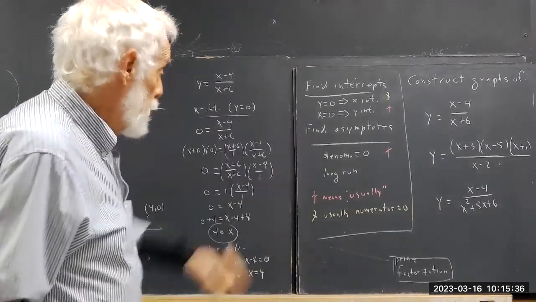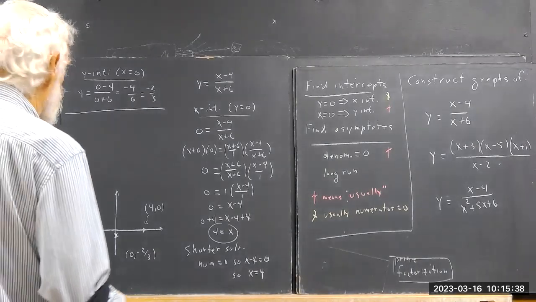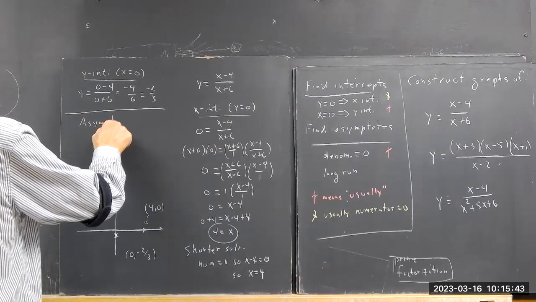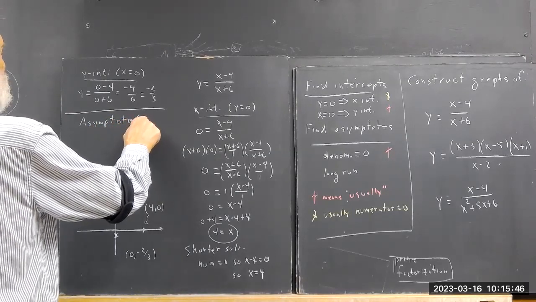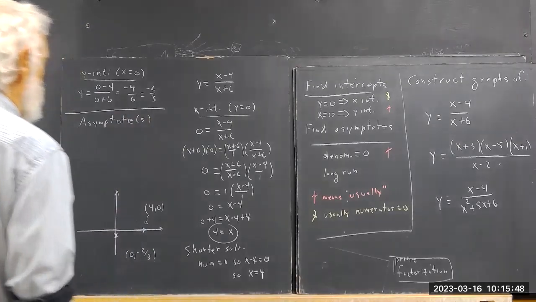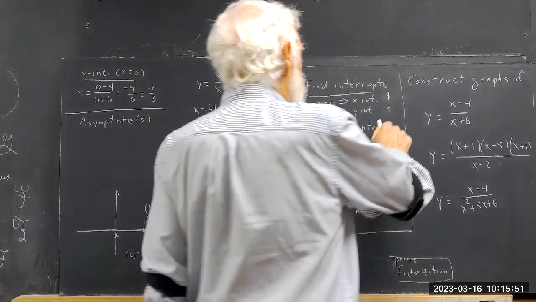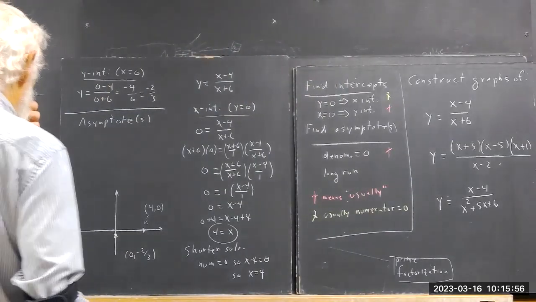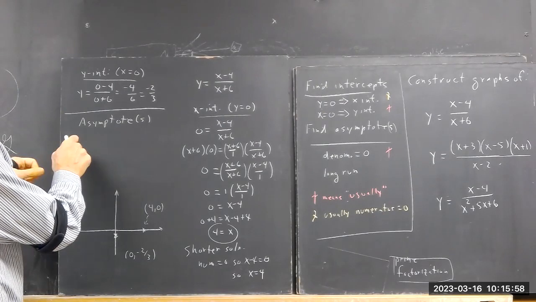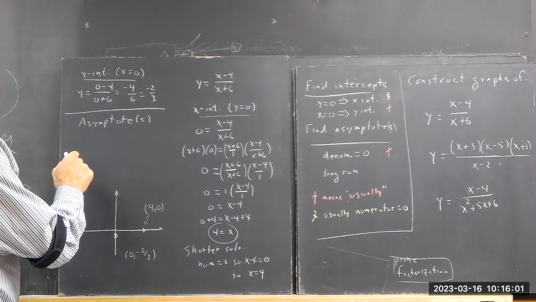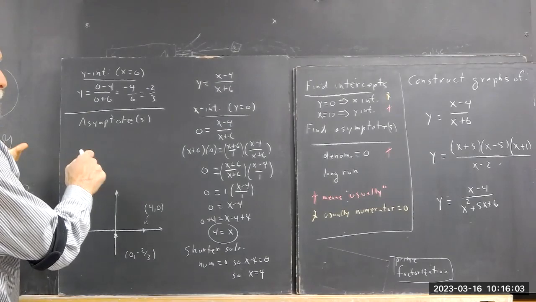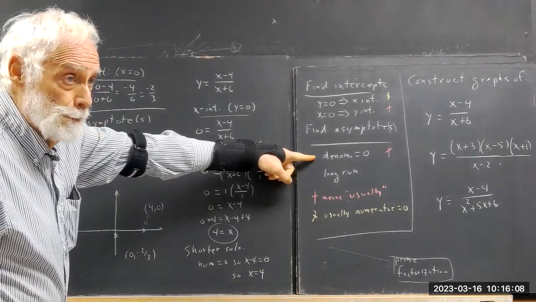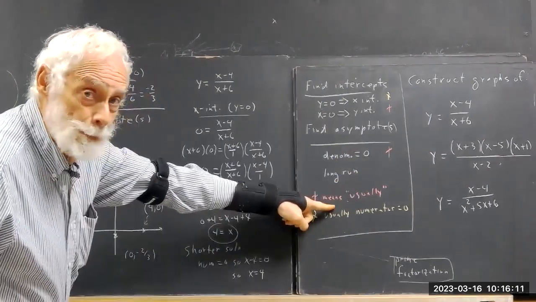Okay, what's the next thing? Find the asymptotes. And it has to be in parentheses, because sometimes you only get one asymptote. Well, asymptotes occur when the denominator equals 0, unless there's an exception.